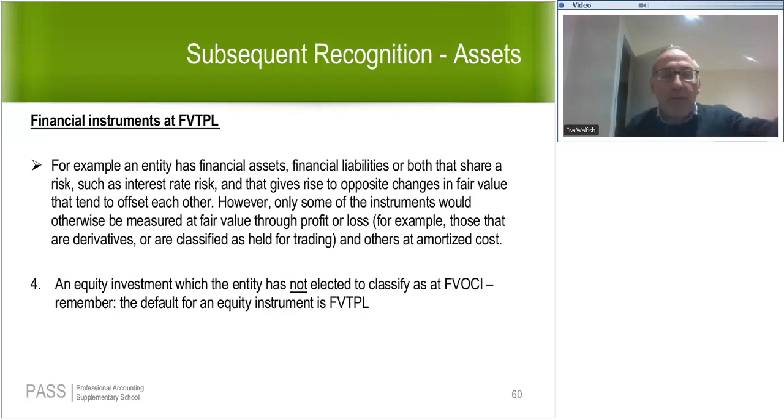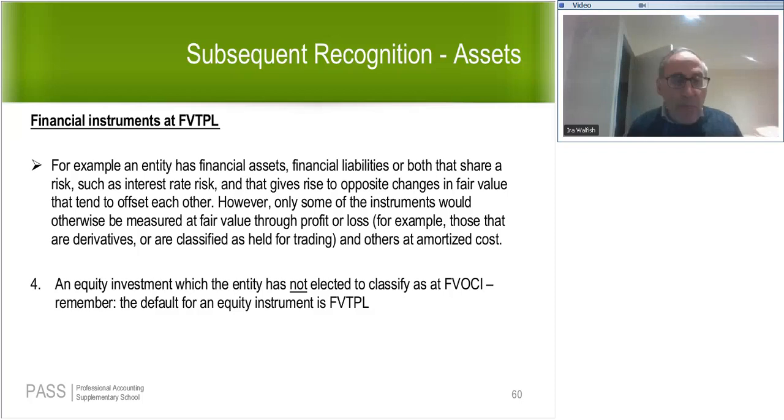Now, without making this election, only some of the instruments would be subject to the FVTPL category and would have the gains and losses going through the P&L, and others are at amortized cost, so you're going to have a mismatch. Because imagine if the asset, for example, is measured at amortized cost, but the liability is measured at fair value.